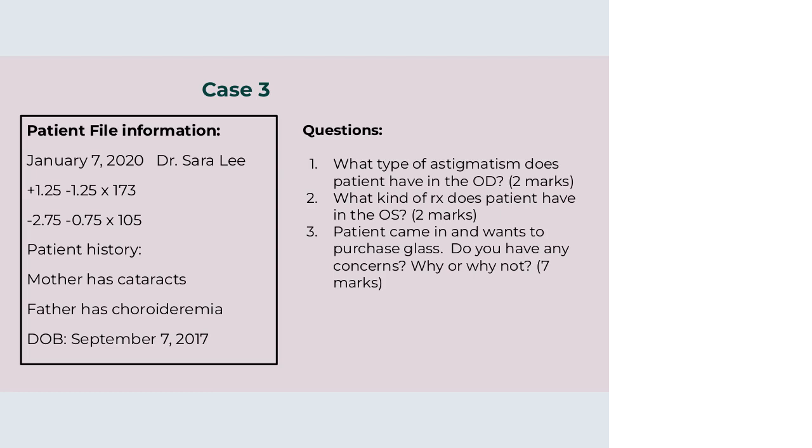This is a patient's file. The question is, what type of prescription do they have in the right eye? What type of prescription do they have in the left eye? And my brain is freezing. I think I'm getting tired.